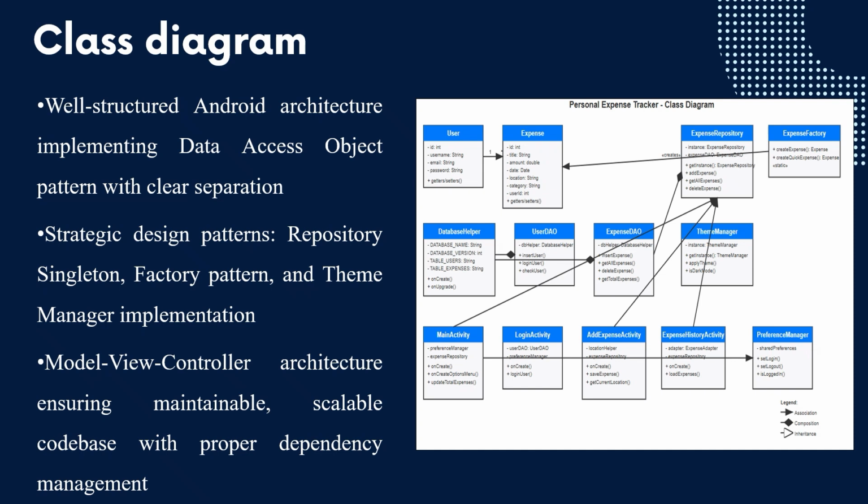The most important design patterns are ExpenseRepository as a singleton to provide centralized data storage, ExpenseFactory with the factory pattern where objects are created under control, and ThemeManager that allows consistent styling of the UI. A clear division between presentation, business logic, and data layers is observed, as MVC-based architecture aims to provide scalability and code maintainability.